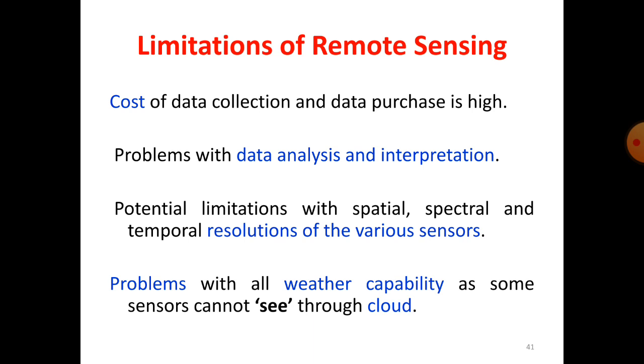Then analysis and interpretation of the data is also found problematic. Then the resolution of the data and the information that the sensors can sense will face difficulty during different climatic conditions. As we have understood, satellite remote sensing cannot work during cloudy and rainy conditions.